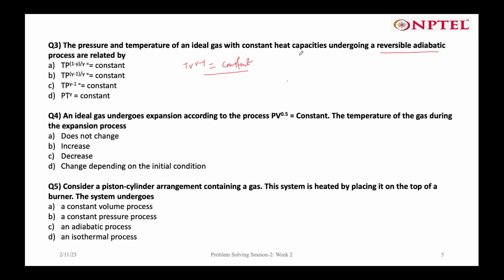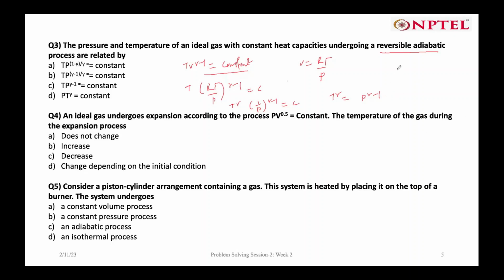So put the value V is equal to RT by P in this relation. TV to the power gamma minus 1 is equal to C. So here T into (T/P) to the power gamma minus 1 is equal to constant. So T to the power gamma is equal to, I can write, P to the power gamma minus 1.